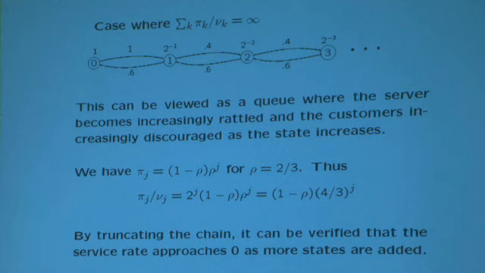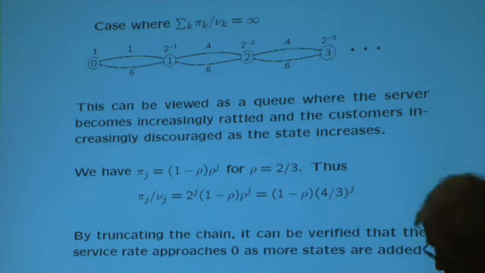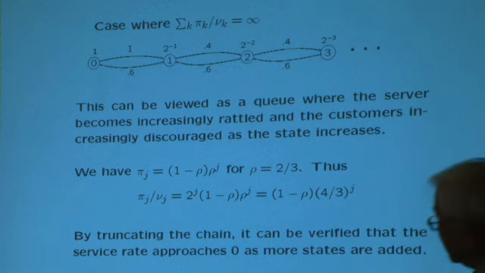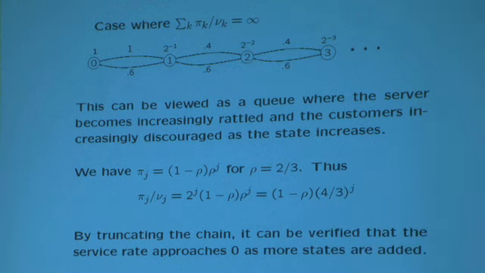Does mathematics lie? I don't know. I don't think so. I've looked at this often enough with great frustration, but I believe it at this point. If you don't believe it, take this chain here and truncate it and solve the problem for the truncated chain, and then look at what happens as you start adding states on one by one.